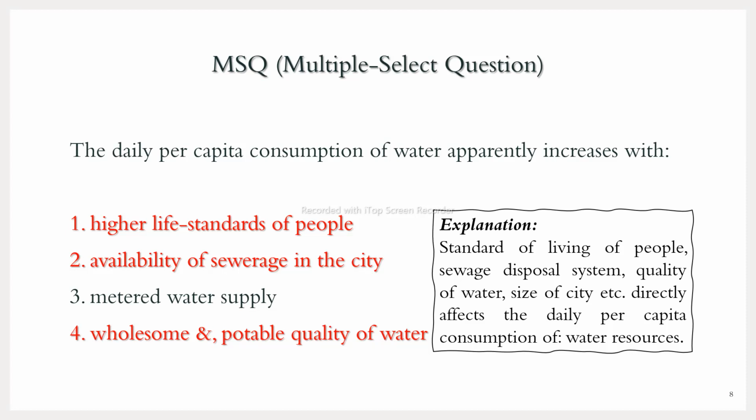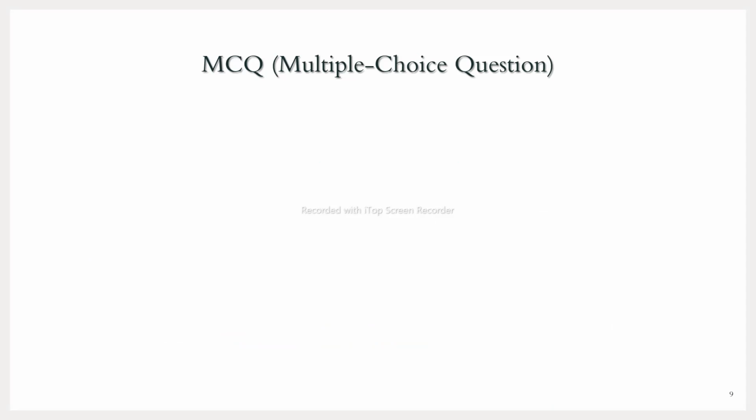That doesn't have a positive contribution towards the per capita consumption. Basically, if the water supply is metered, then the consumption will either decrease or remain unchanged. It will not increase. So whatever Danesh has answered is correct. So the options are 1, 2, and 4. Okay. So let's have another MCQ.